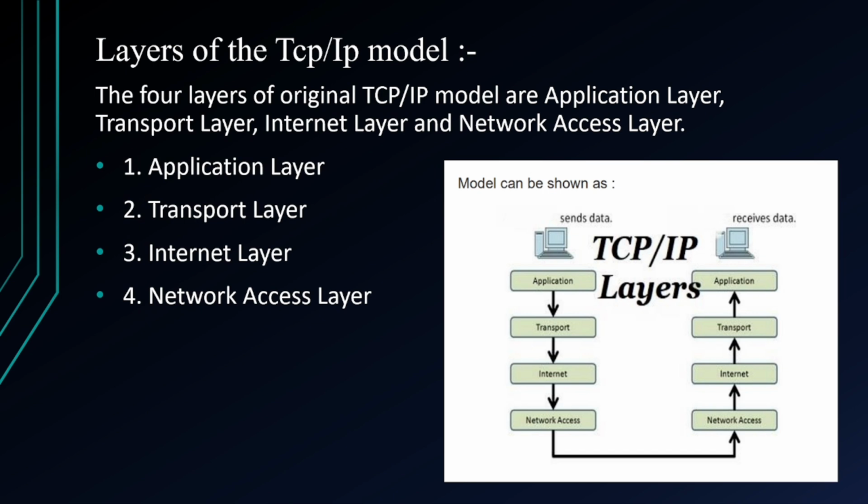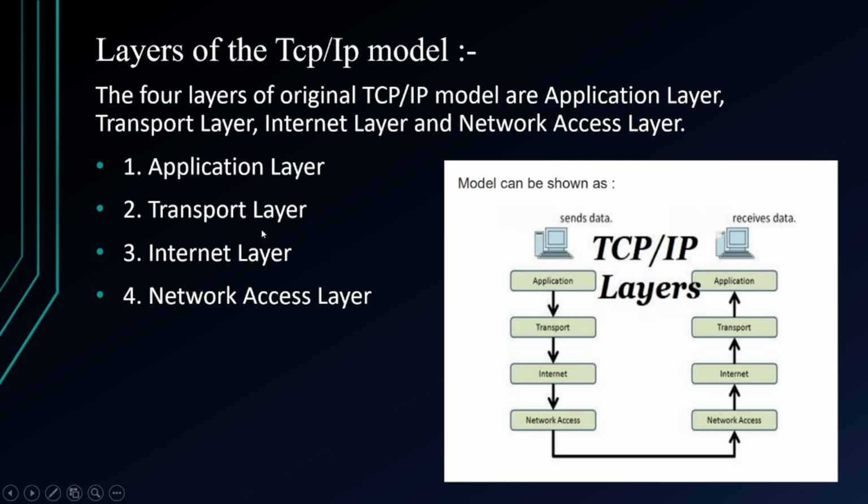Okay, so here's the key thing about the TCP/IP model. It's organized into layers. Think of it like a sandwich. Each layer has a specific job to do. This TCP/IP model has four main layers, starting from the top and going down. First, the application layer. This is what the users see and interact with. Second, the transport layer. This manages how data is sent and received.